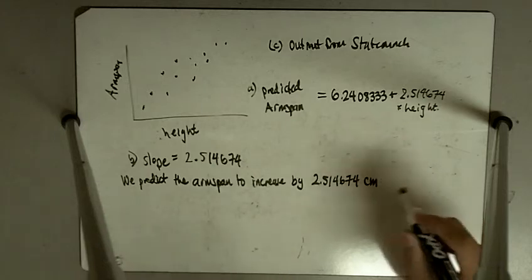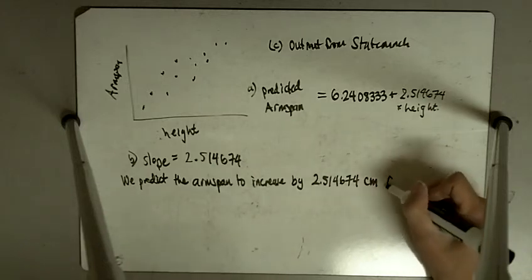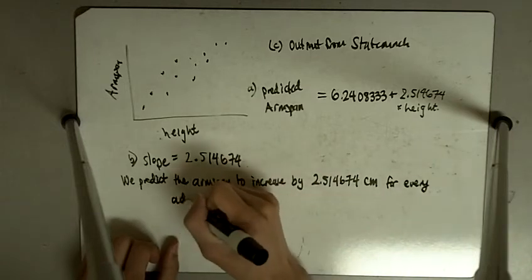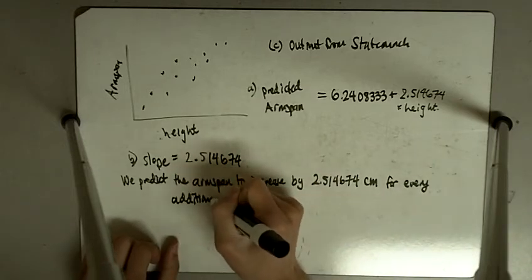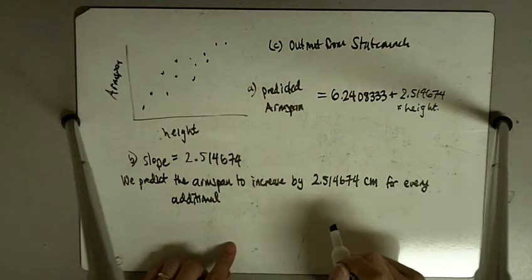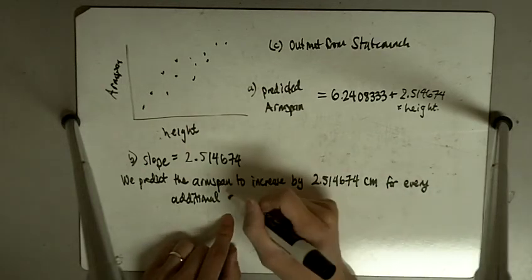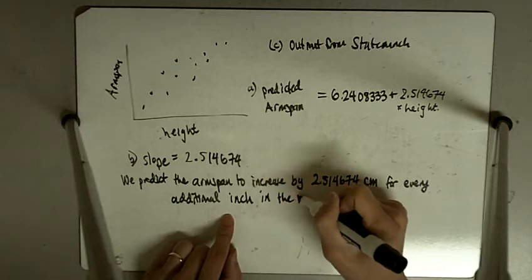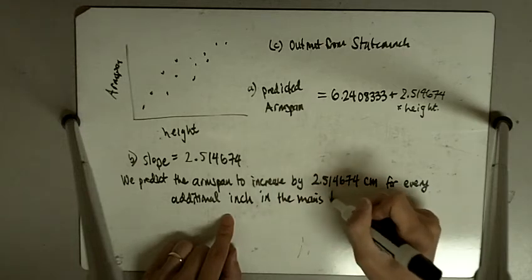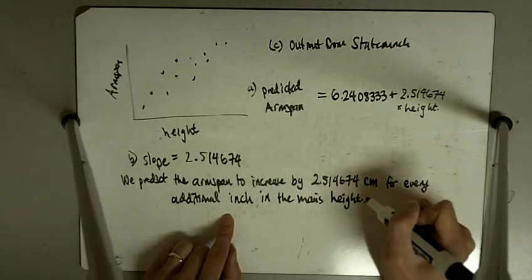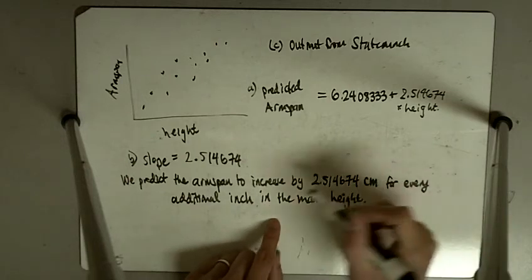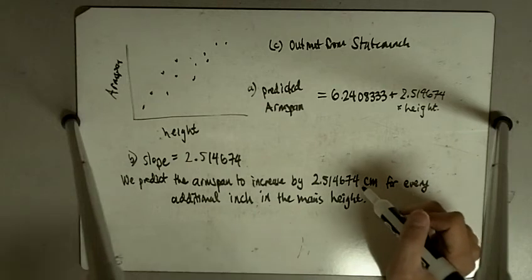So basically about 2.5 centimeters for every additional, and height is measured in inches, so for every additional inch in the man's height. So we're predicting the arm span to increase by about 2.5 centimeters for every additional inch in the man's height.